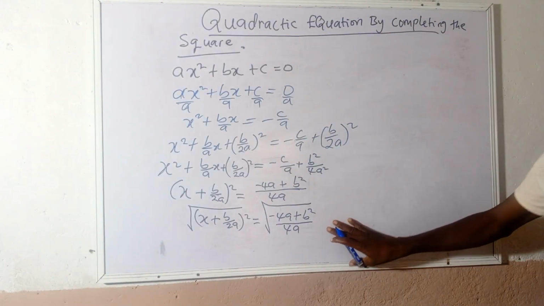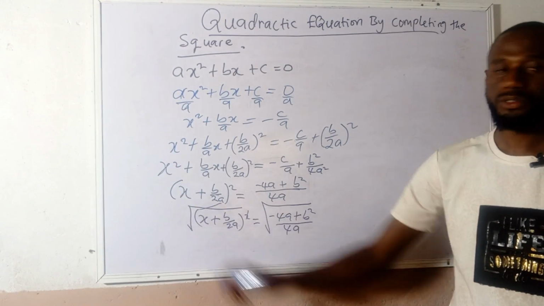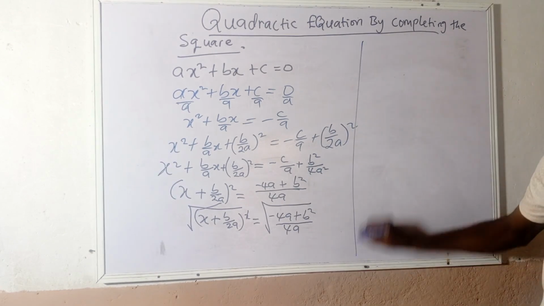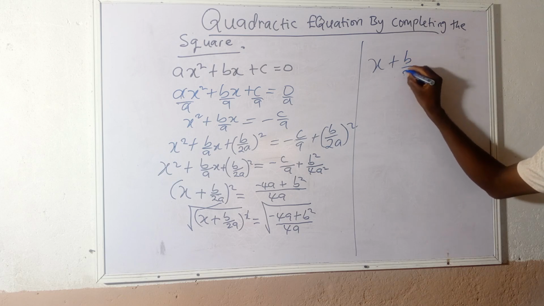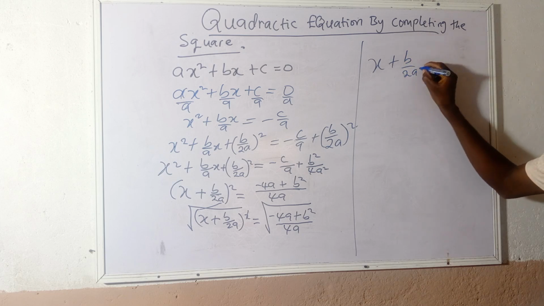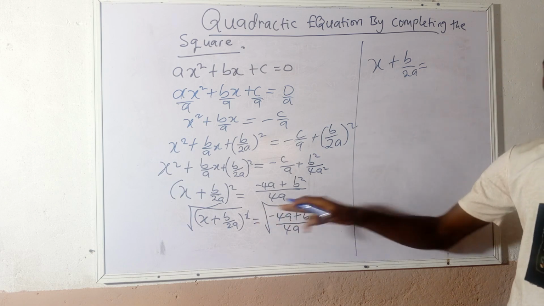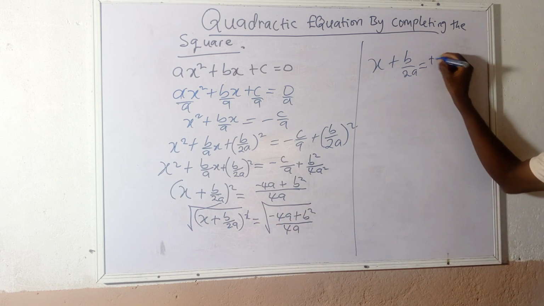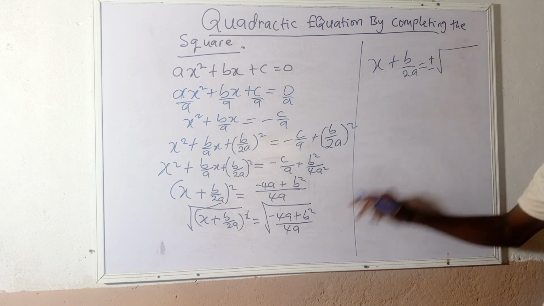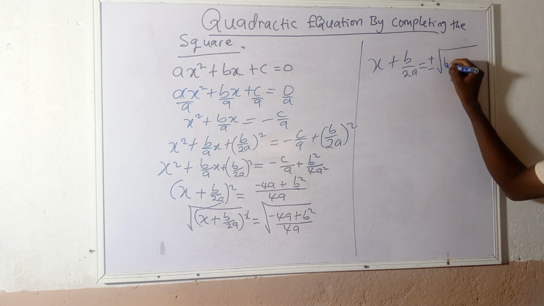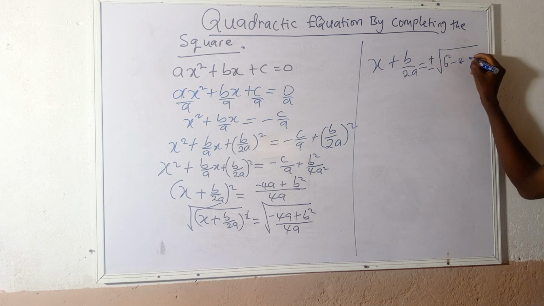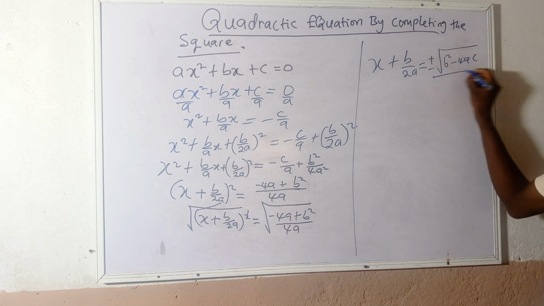Then here these two cancel the square root. Here you have x plus b all over 2a. This is equal to, the square root may be plus or minus, the square root of b squared minus 4ac all over 2a.